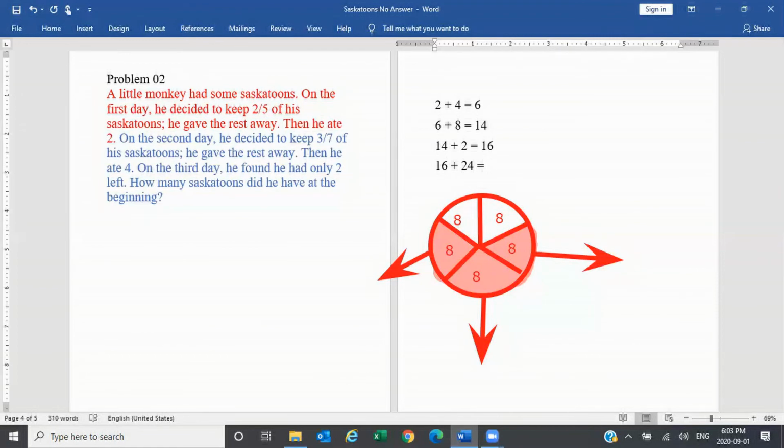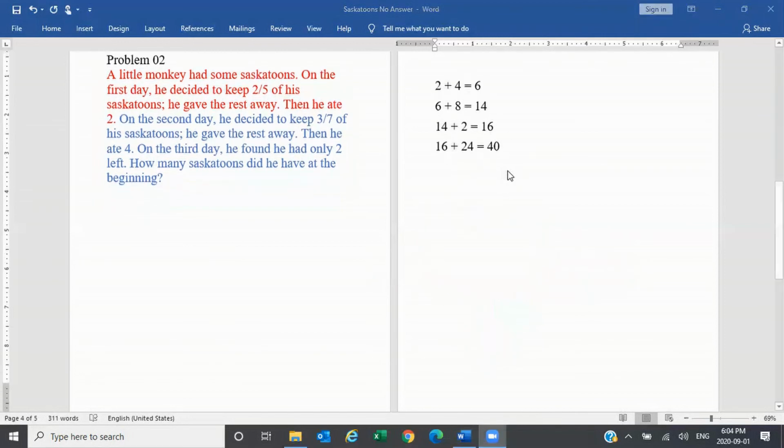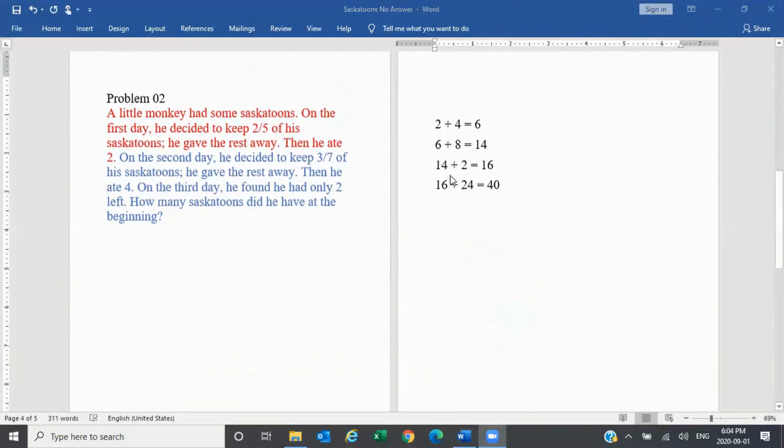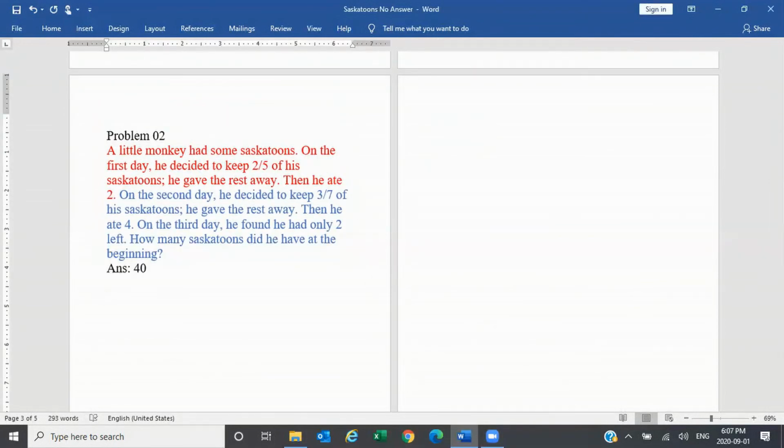Now 16 plus 24 is going to be 40. Let me just double check that. Yeah, that's 40. Okay, now I'm going to erase everything. We're going to get out of this because we don't really need that anymore. We did the question, really. All we need to do now is just to check it. The answer is 40, and I'm now going to check it.